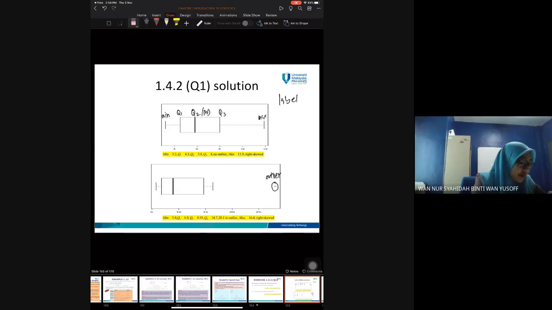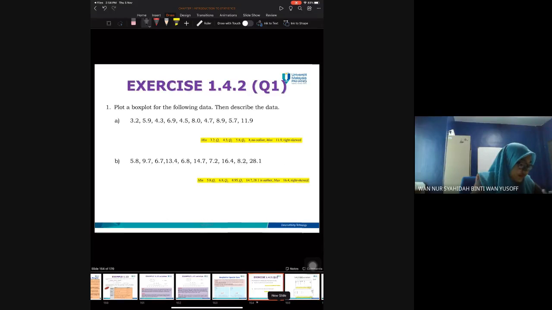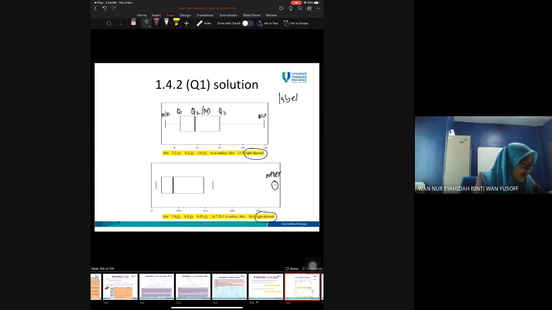The information that you can write here is the shape of your box plot. So you can comment on the shape here. If you have right skewed, it means that most of the data is concentrated at the left of your box.